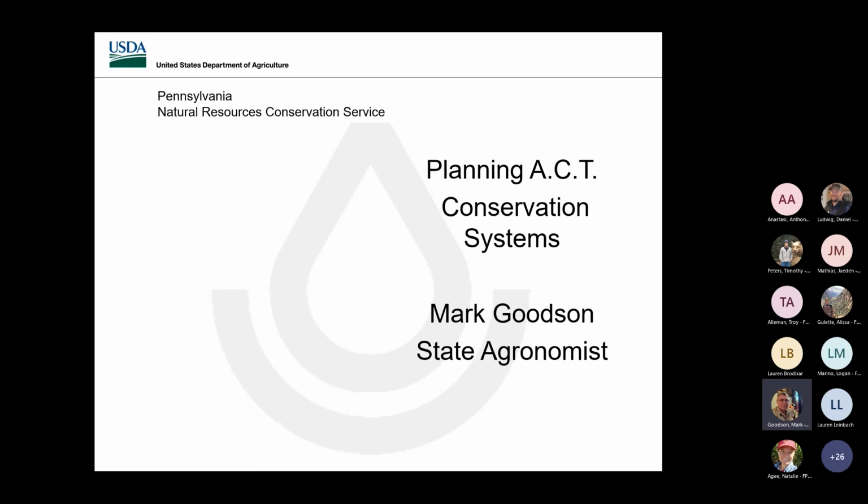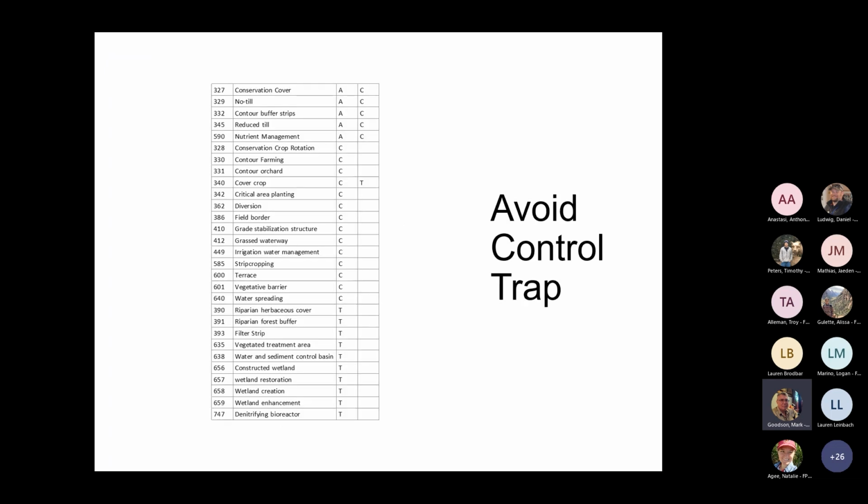Think of this ACT as a template for thinking about things. What does ACT stand for? Avoid, control, and trap. And here's a list over here on the left. These are from the SEEP data that Tony was showing, and the SVI and the CCBI.